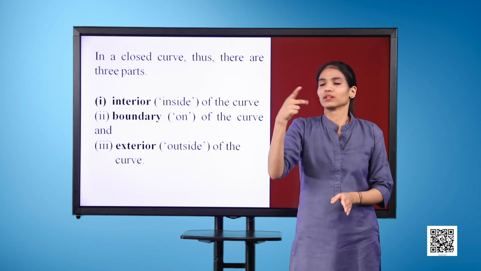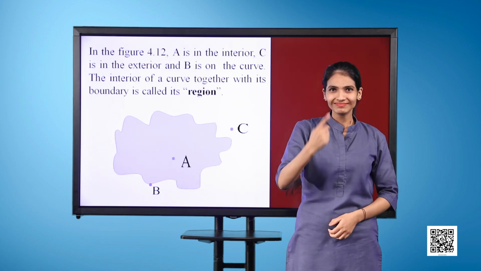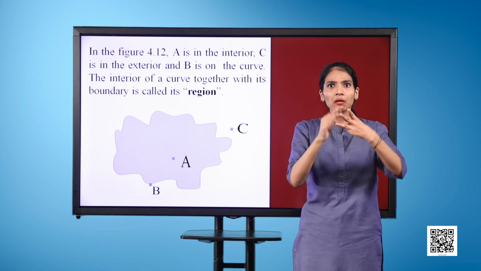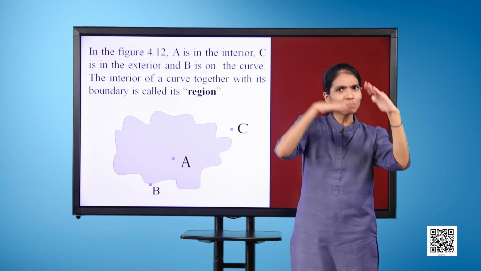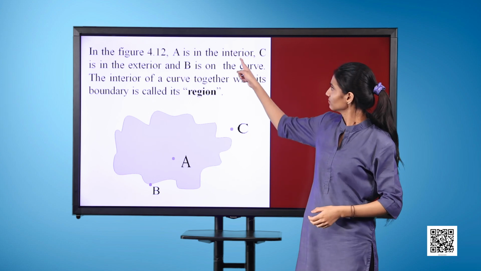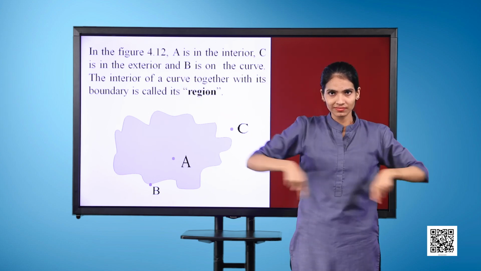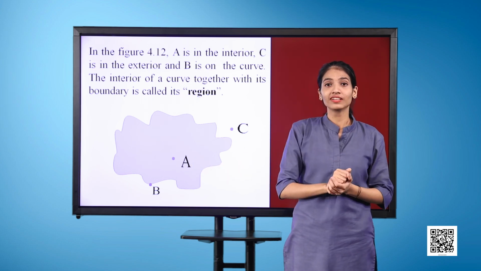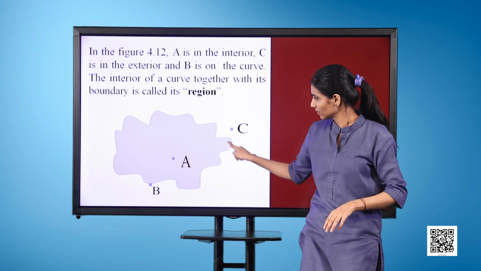In the figure 4.12 given here, A is in the interior, C is in the exterior, and B is on the curve.